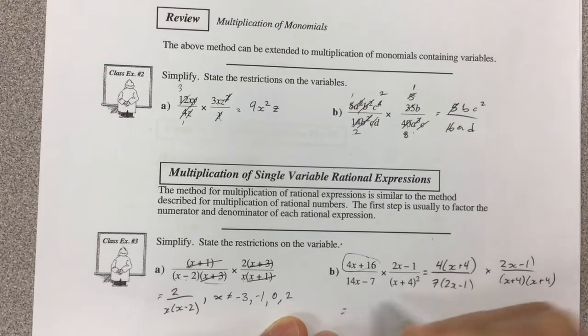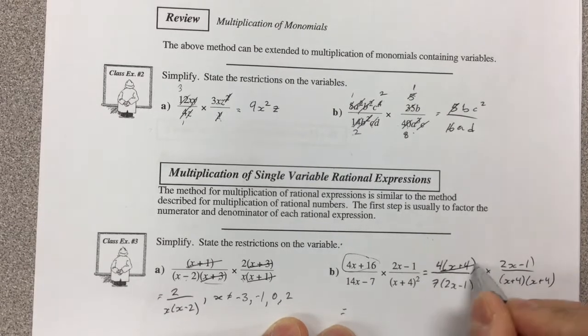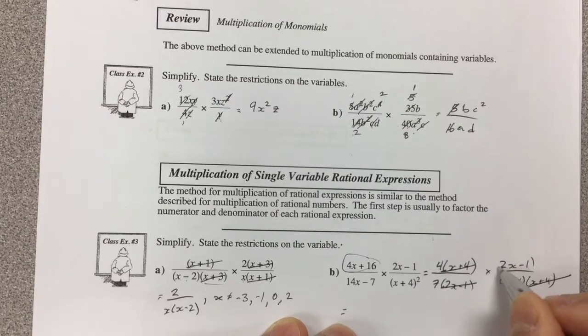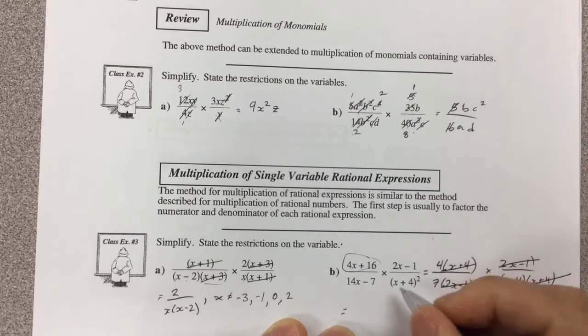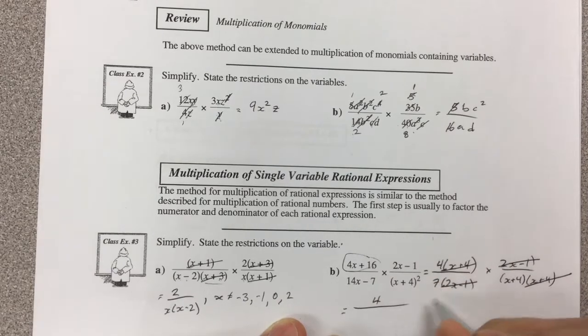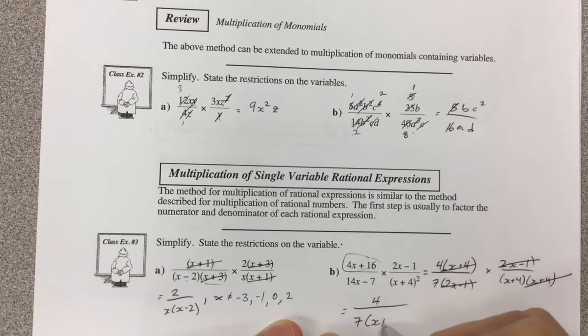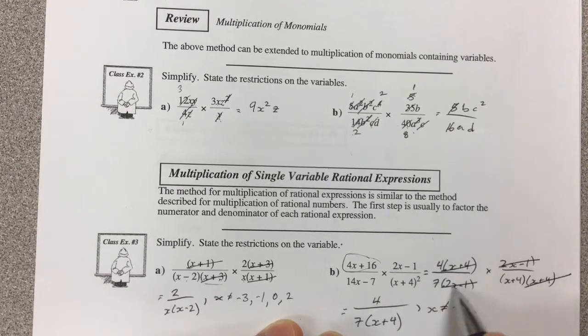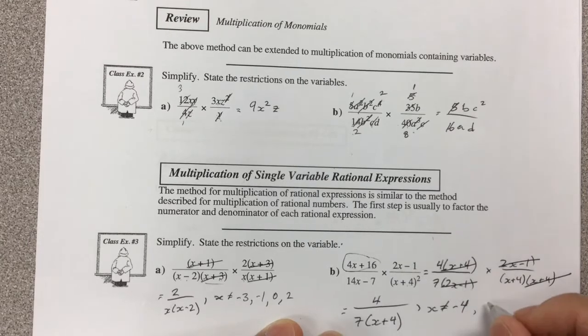Now I can simplify. I can cancel an x plus 4 with one of those x plus 4s, and my 2x plus 1 with this 2x plus 1. This will leave me with 4 over 7 times (x plus 4), and x cannot equal -4 from here, or this +1/2.